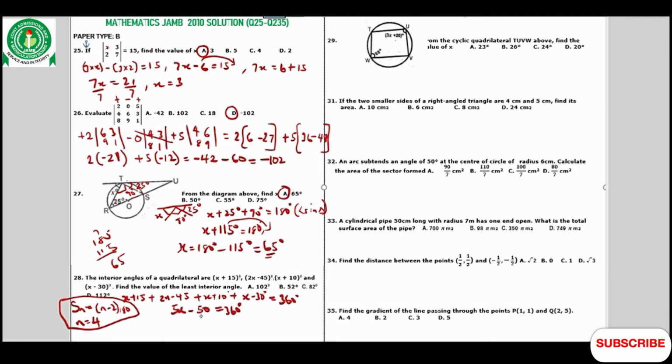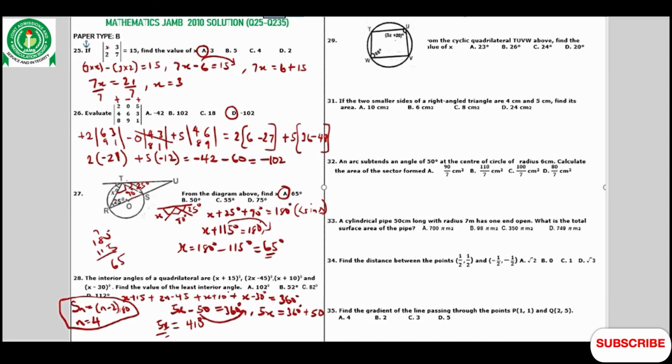which is equal to 360 degrees. So we take this one to the other side by collecting the like terms. We have 5x equal to 360 degrees plus 50. So when we add them together, we have 5x equal to 410 degrees.